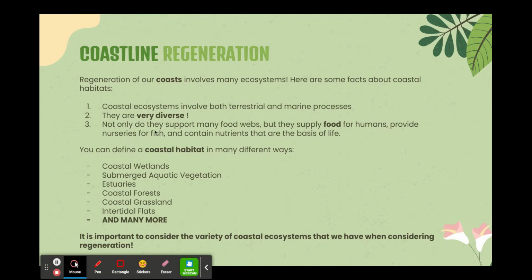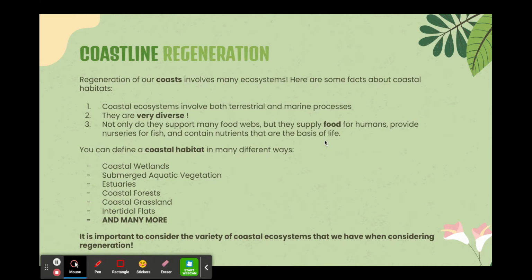They provide nurseries for fish, so places where baby fish, little fish that are growing can be safe, and they also contain nutrients that are the basis of life. So many of the organisms that are in our coastal places are going to be key in order for all of our ecosystems in the coast to survive.